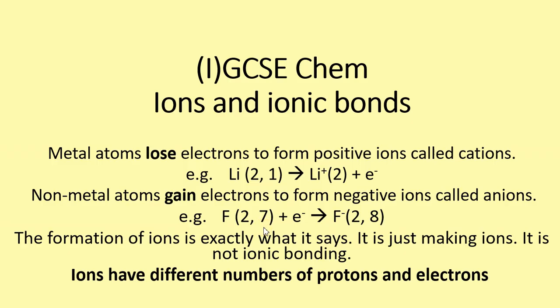To begin with, 9 electrons, 9 protons, no charge. Negatives and positives cancel. At the end, still 9 positive protons, but now 10 electrons. Negative overall. But the formation of ions is exactly what it says, nothing more than that. It's just making ions. It's not ionic bonding. The whole thing with ions is they have different numbers of protons and electrons.